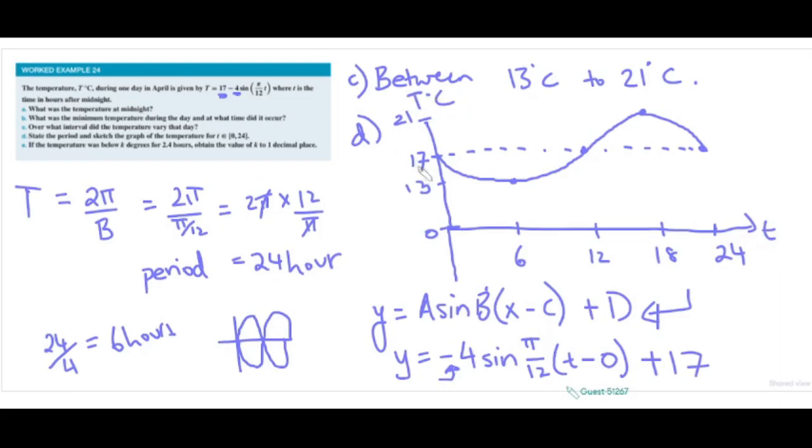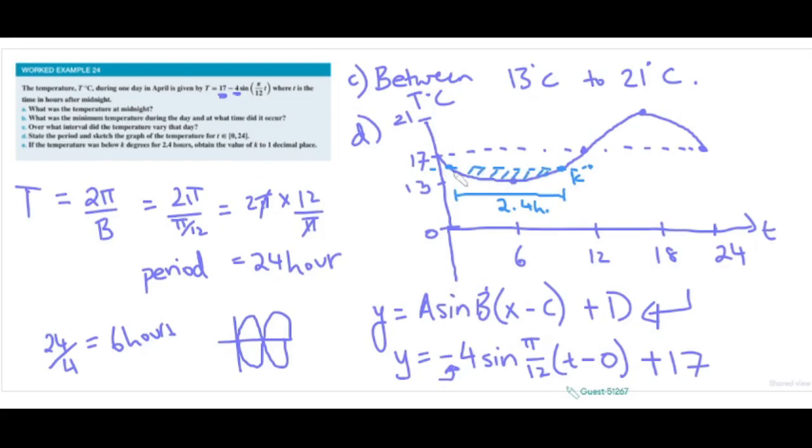Great, so that's D. And then for E, if the temperature was below K degrees for 2.4 hours, obtain the value of K to 1 decimal place. There is some value K for the temperature. Let's call that K. For the time between it, this was 2.4 hours. The temperature was below this point.